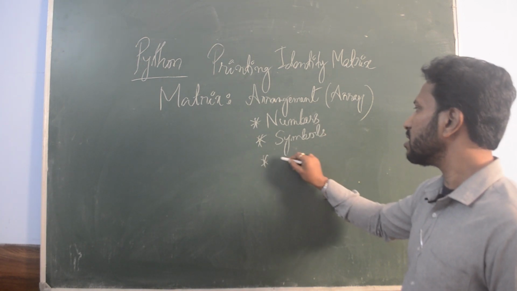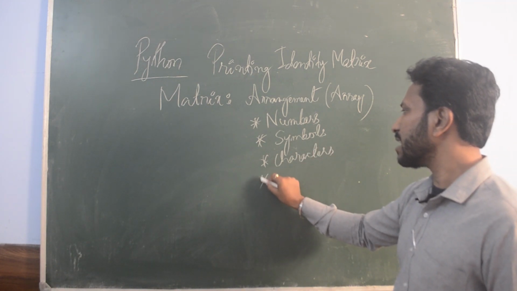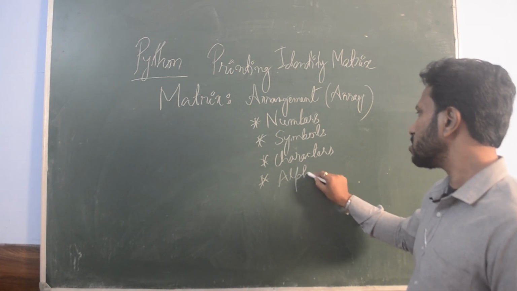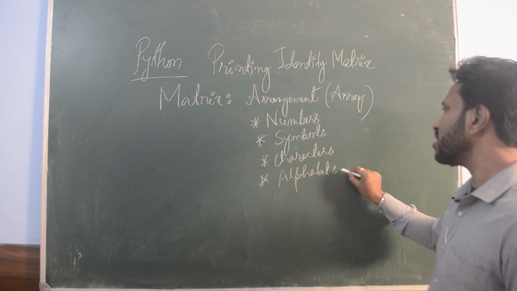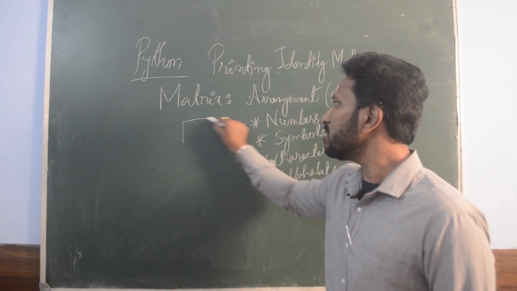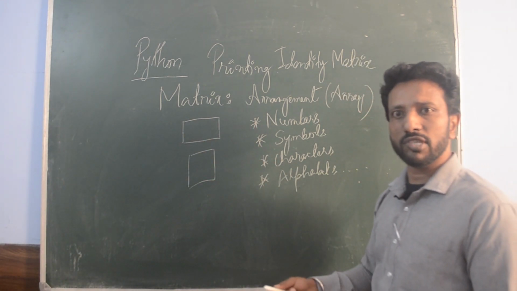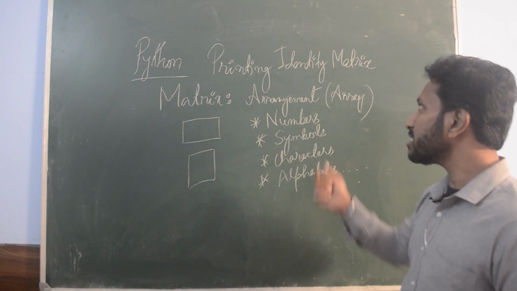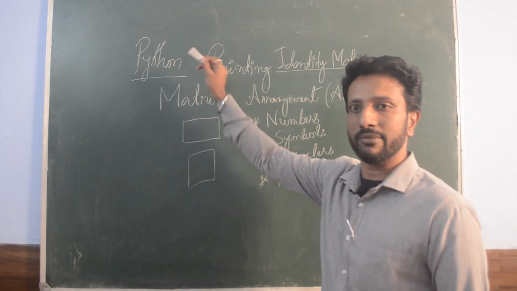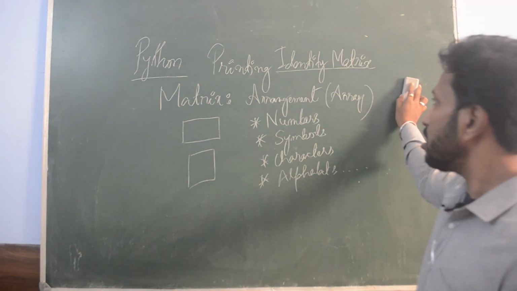It can be characters, and it can be, say, alphabets, and so on. So it is sometimes rectangular, it can be a square shaped matrix also. It depends on the number of rows and the number of columns. So today, as I said, we will be learning about printing identity matrix with the help of a Python program. So let me just show you how to do it. I'll erase this thing.